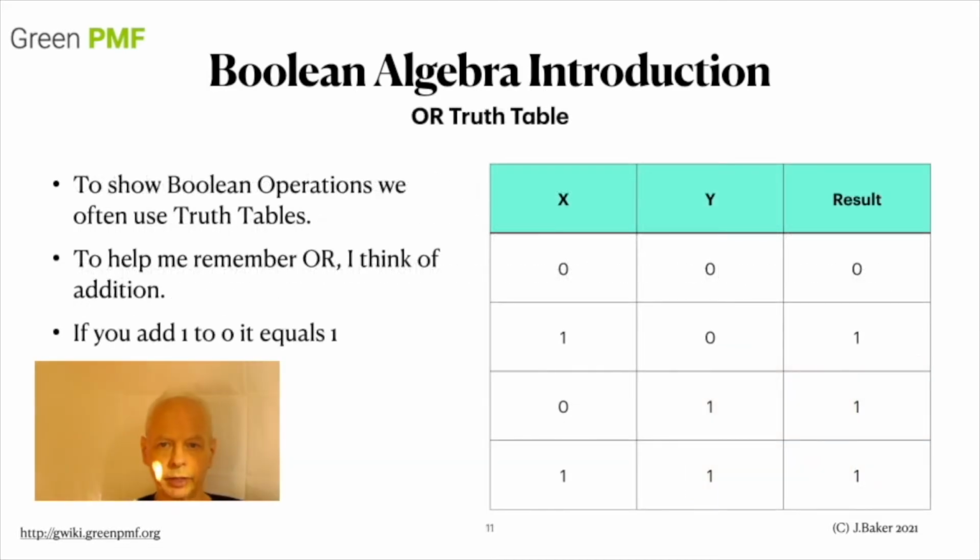And again, that can be represented quite easily and quite neatly using a truth table. Now, to help me remember OR, I think of addition. However, of course, if I was applying pure mathematics, 1 plus 1 does not equal 1. But for the purposes of the fact you can only have 0 or 1, you get the idea. And see the truth table to the side for the examples.